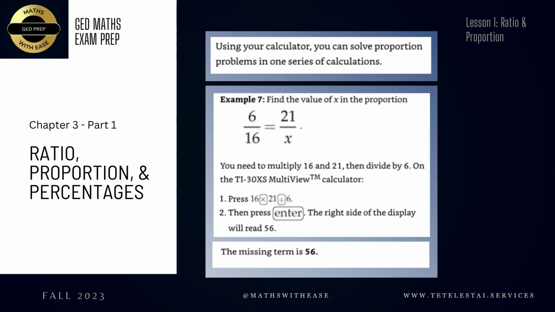Well, what you would simply need to do is multiply 16 and 21 and then divide by 6. Remember, as we discussed earlier, you would cross multiply, so 16 times 21, okay? And on the other side of your equation, you would have 6x, okay? So that's what this is telling you here.